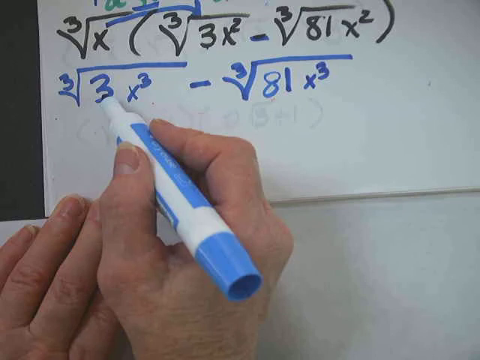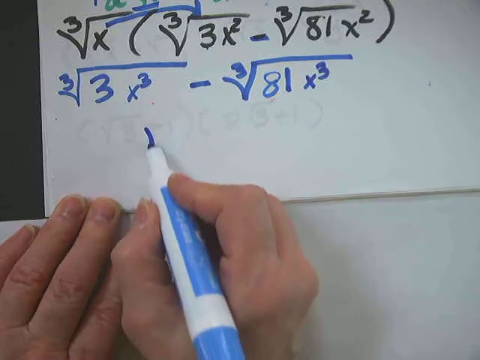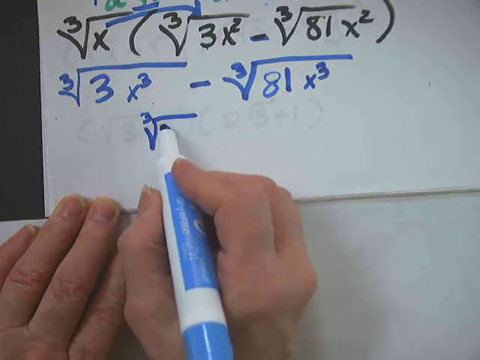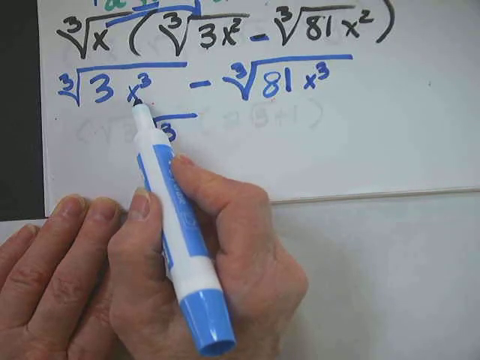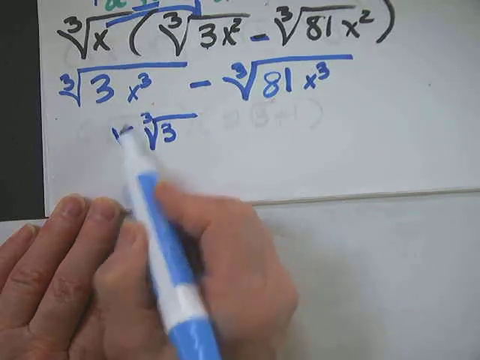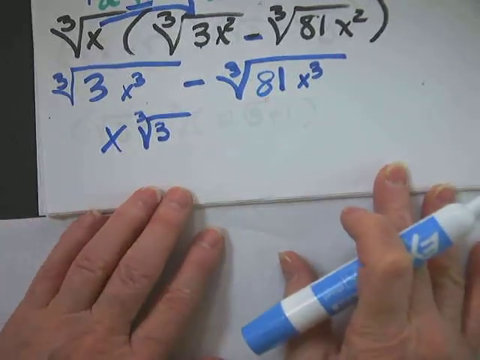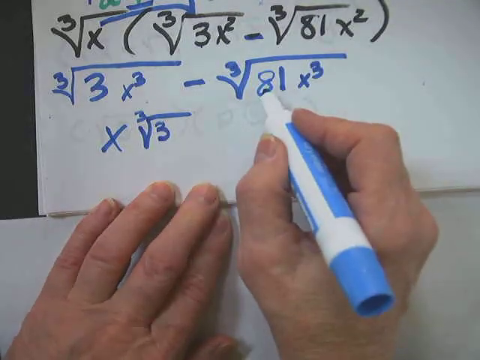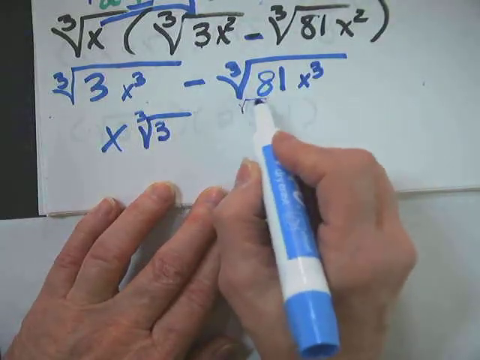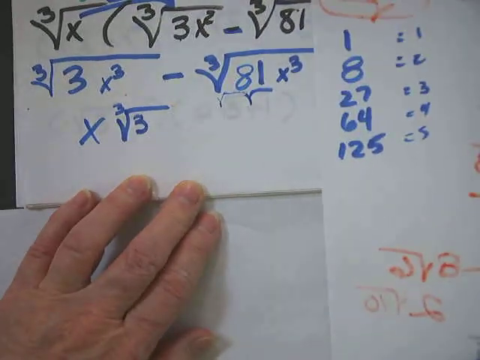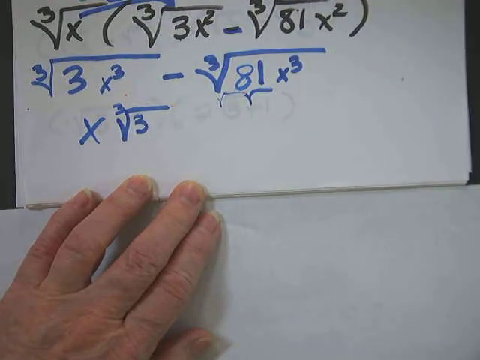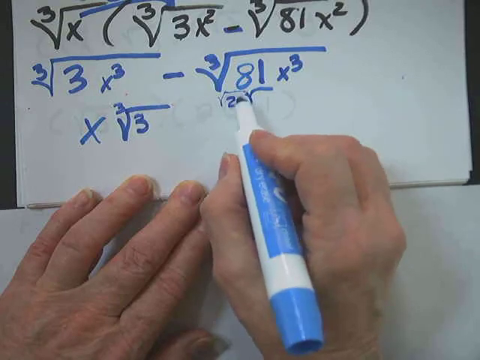So you have a 3, and x squared and x is x cubed. So that's the first one. Now minus, there's no number, you don't have to put a 1. Cube root times a cube root will be a cube root, and you're going to multiply what's under. So the 81 stays there. The x's, 2 and 1 is 3.